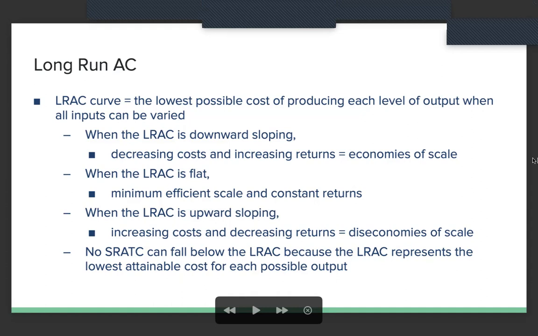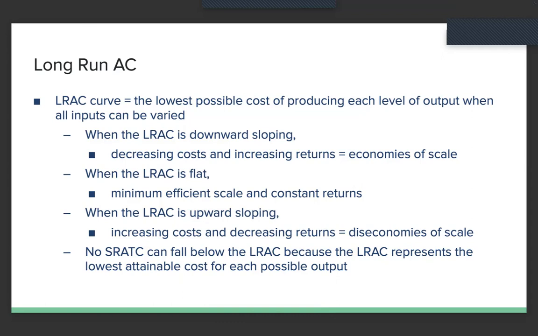Perfect. So the long run average cost curve is basically the average cost in the long run, where both of the factors again are variable. And the reason it's defined as the lowest possible cost for producing each level of output is because in the short run, it was not possible to produce at the lowest cost because we were not able to reach an optimal level between capital and labor because capital was fixed.